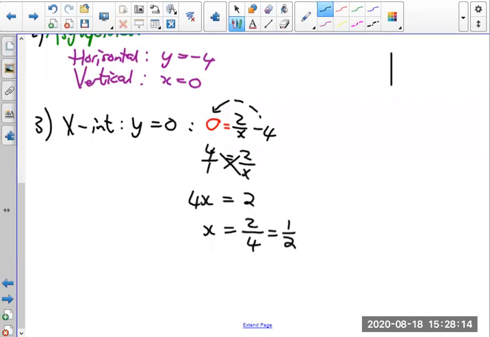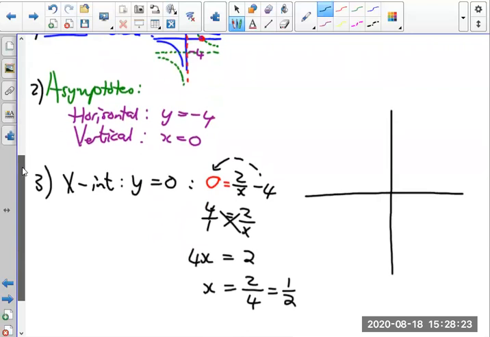And now if I draw, you always start drawing with your asymptotes. So start drawing your asymptotes. And you said the asymptote is y equals minus 4. And remember, an asymptote is a dotted line, and the other one is x equals 0. That's the y-axis. So there's your other asymptote. There's your y-axis, and there's your x-axis.